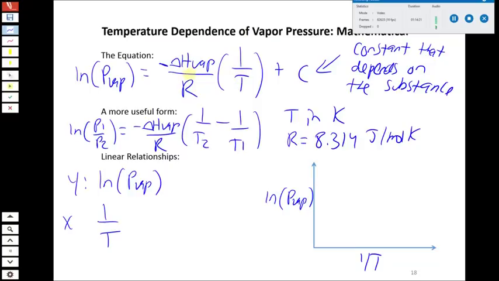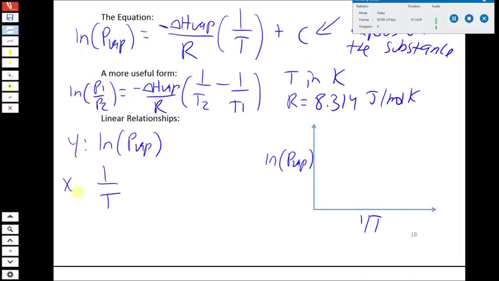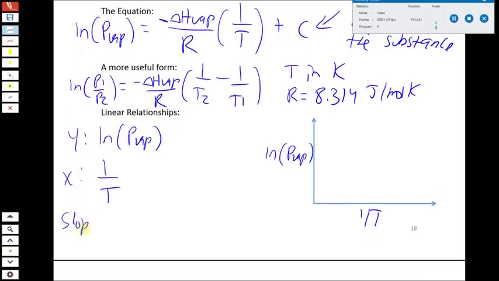Delta H of vaporization is always positive, and the negative sign up front makes this whole term negative. So this is going to be a linear equation with the slope equal to minus delta H over R, which is a negative number, and an intercept equal to that constant C that we saw in the first form of the equation.